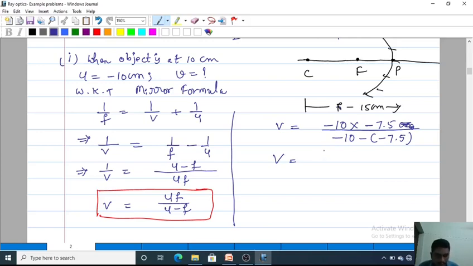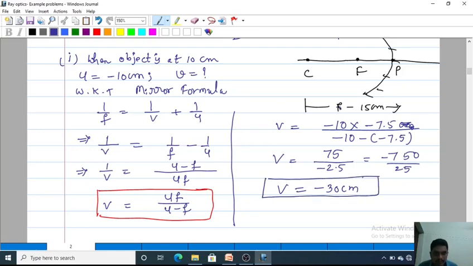Minus into minus is plus, so in the numerator we'll get 75, divided by, in the denominator, minus 10 plus 7.5 will give minus 2.5, that is equal to minus 750 by 25. So we'll get the image distance as v is equal to minus 30 centimeters.